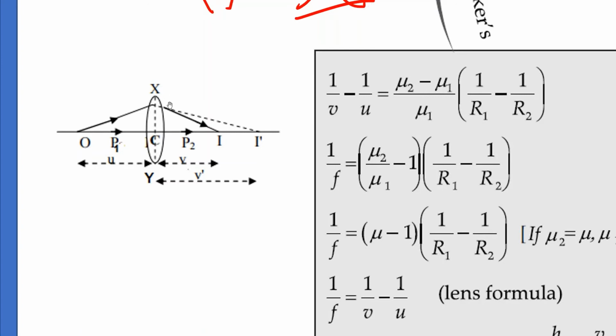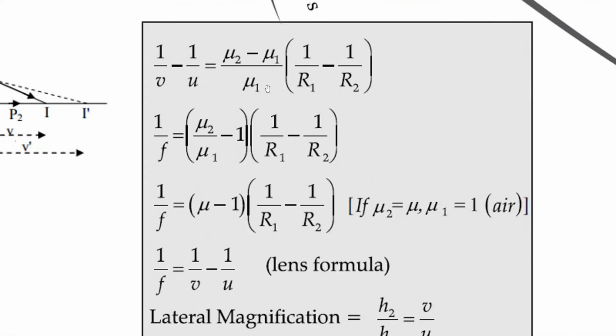However, there is also one more spherical surface. So that means there is more refraction occurring. That refracts the light ray even further towards the final image distance, that is I. So when we use derivation, we arrive at the formula 1 by V minus 1 by U equals (mu2 minus mu1) divided by mu1 times (1 by R1 minus 1 by R2), which we can write down as 1 by F. So let's divide by mu1 and separate it.